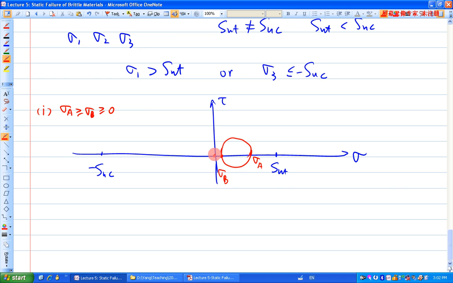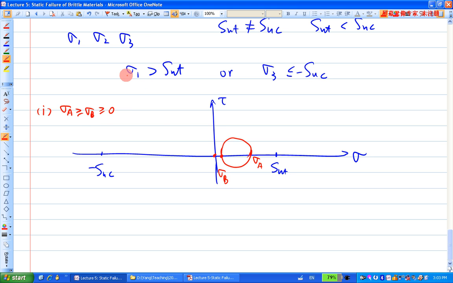Sigma 3 is 0. Is it possible to have sigma 3 less than negative SUC? Not at all. With sigma 3 equal to 0, how could 0 be less than that value, which has to be somewhere on the negative side? So it's not possible. Under this case, the only possibility is the other one.